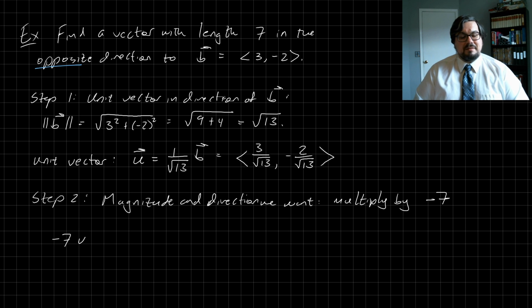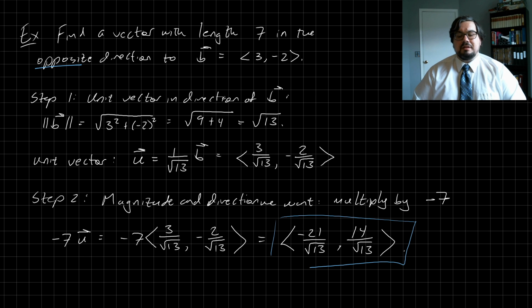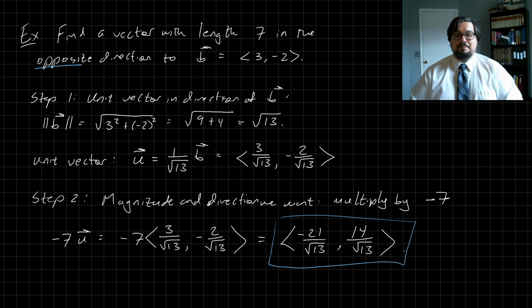So we get -7 times u, which is -7 times the vector 3 over the square root of 13, comma, -2 over the square root of 13. -7 times 3 over square root of 13 is -21 over the square root of 13. Then -7 times -2 gives us positive 14 over the square root of 13. And there is our vector with length 7 in the opposite direction to the vector b.